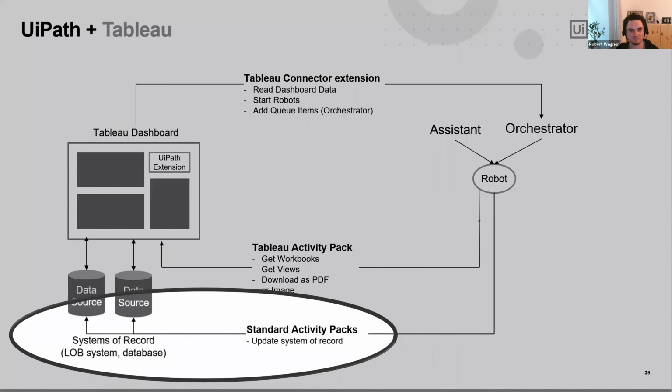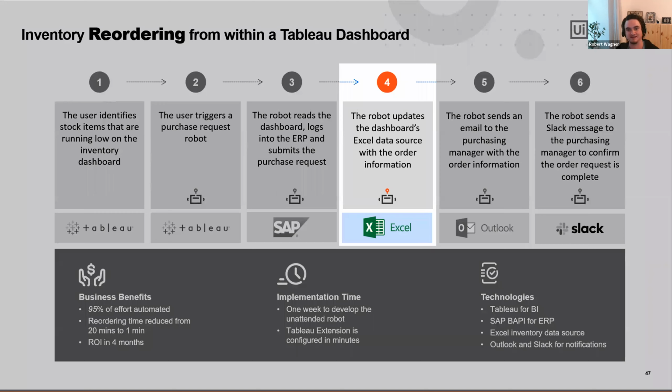And why is that important? Because if you do that manually, this takes about 10 minutes. If you automate it via UI, you can bring this process down to like 2 minutes. But if you're using the BAPI, it's a matter of seconds. So that also will speed up the entire process of the purchase order. And then we will be doing updates in the data sources our dashboard is connected to.